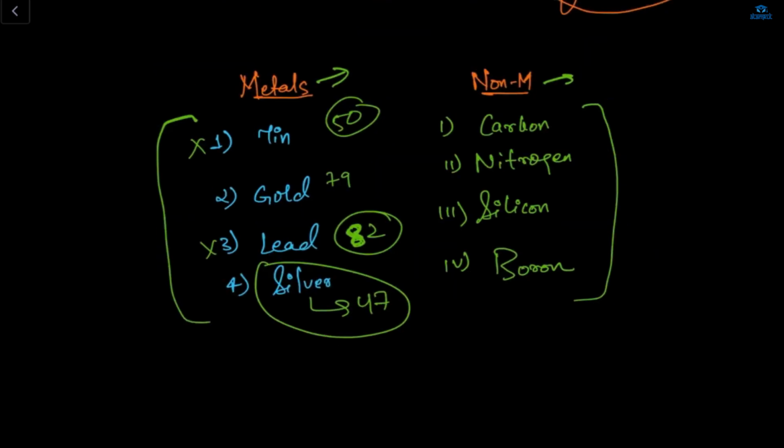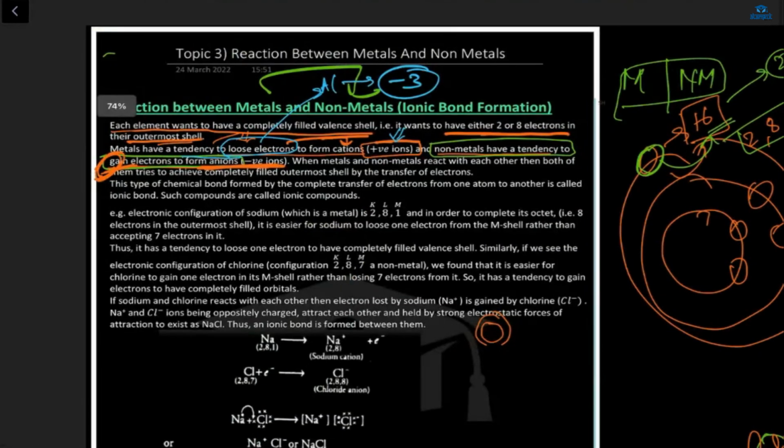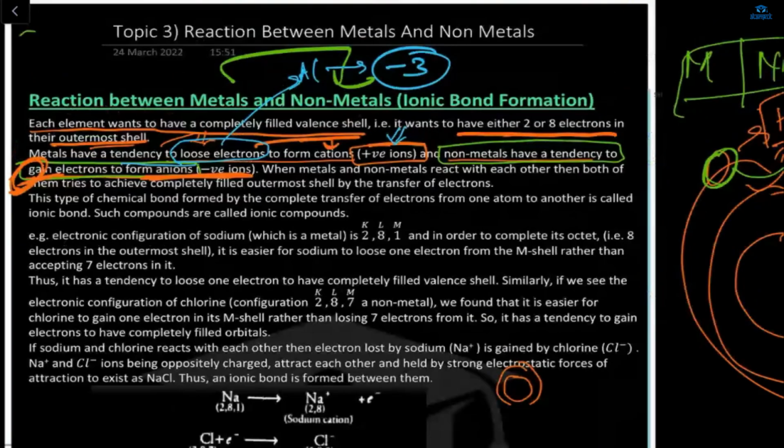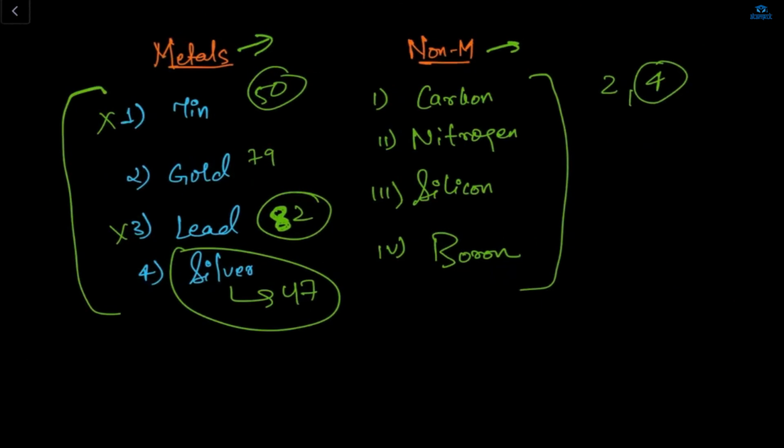Ma'am, would it lose 4 electrons or gain 4 electrons? It will gain 4 electrons. You tell for the metals and non-metals. You can refer to this. Non-metals have a tendency to gain electrons. Okay, ma'am. It's 4 now, so half and half. Yes, ma'am. Got it.